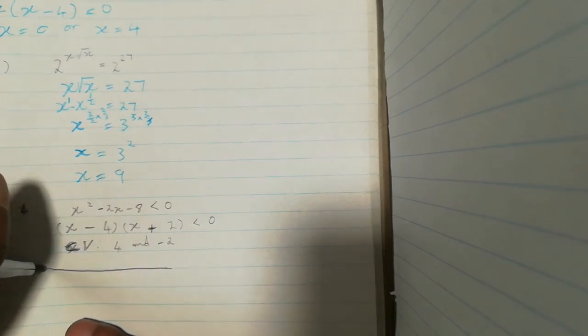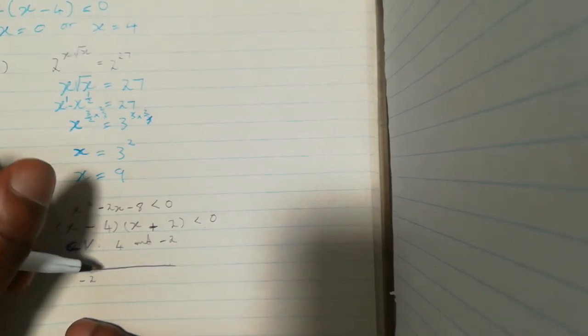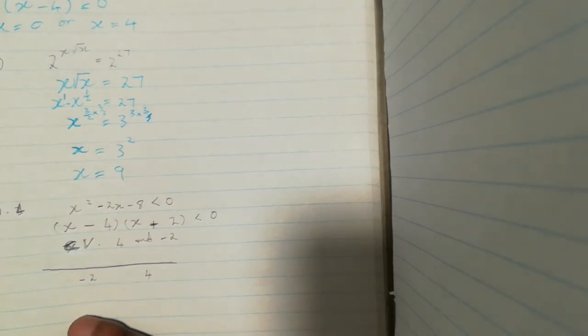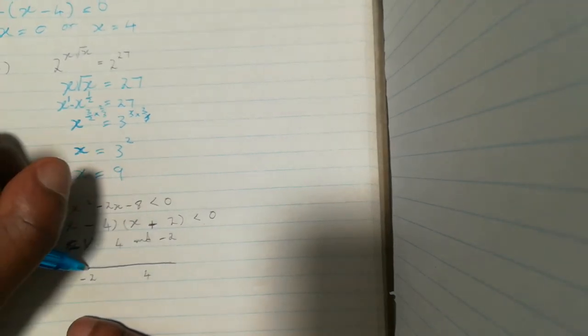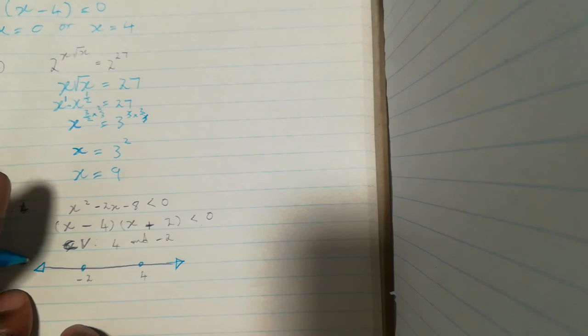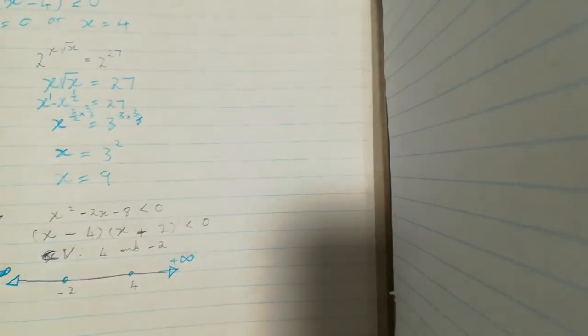You draw your critical values on a number line, -2 here and 4 here. Right, so this is your number line. This side goes to negative infinity, and then this side goes to positive infinity.